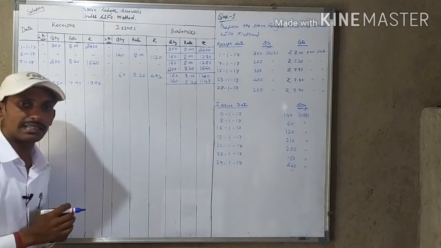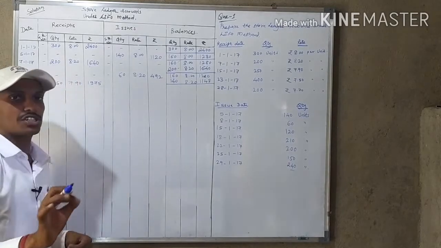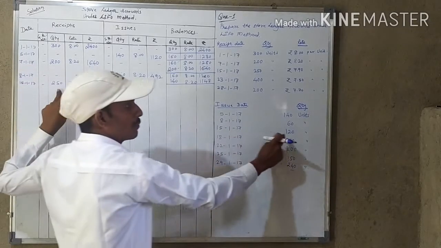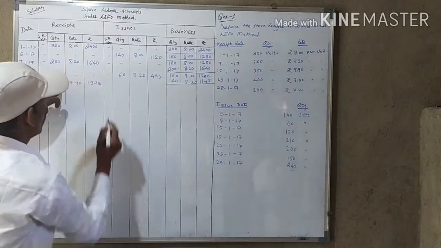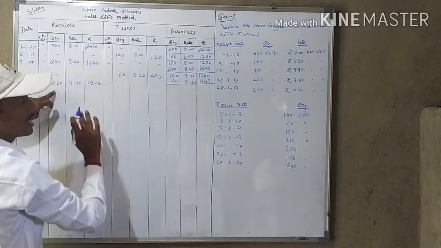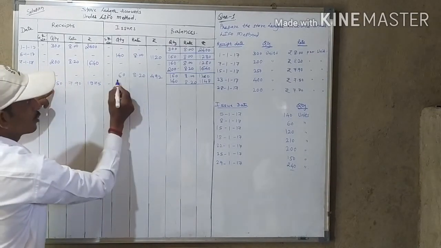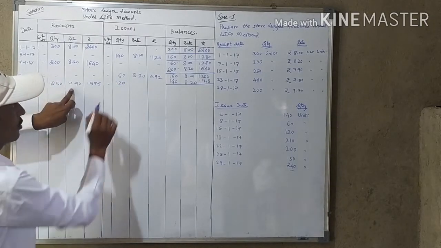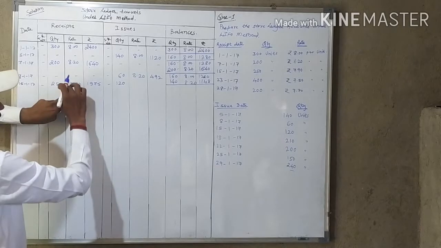Which is purchased last? 250 units purchased last. From that 250 we have to issue 120 units. The SR number is not given. What is the rate of that 120 units, which is indicating 250 units?